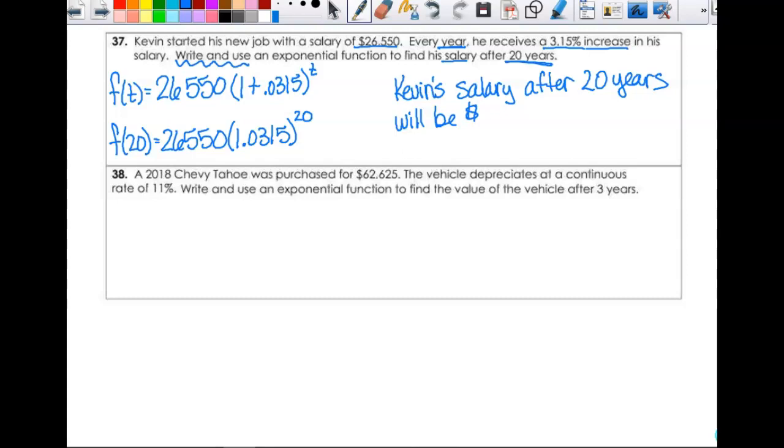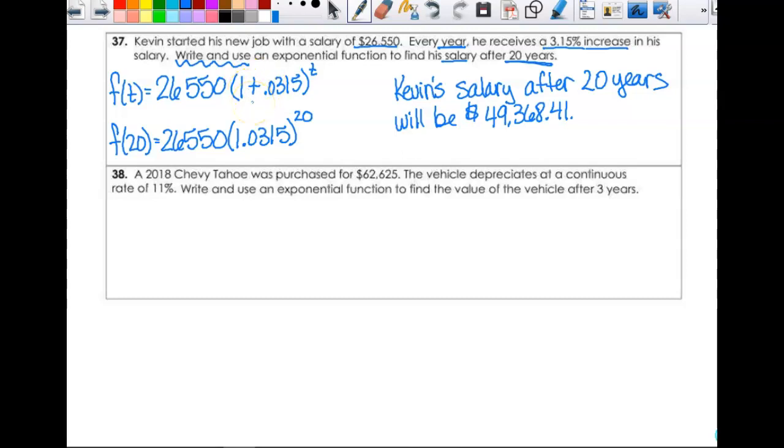We're talking money. Unless it says the nearest dollar, it is 2 decimal places because that's how we talk about money. It's $49,368.41. All right. So, and this was an increase. If it was a decrease, then that would be subtraction there.